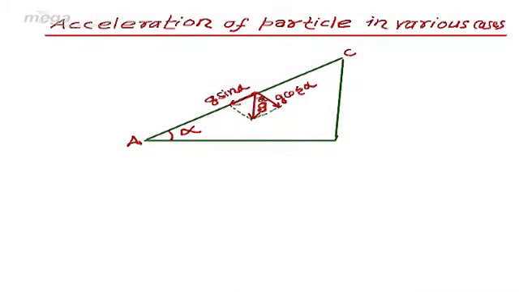If we talk about the motion of a particle along a groove which is made on this incline along a line other than the line of greatest slope, just see how we will decide the acceleration of the particle in that groove.